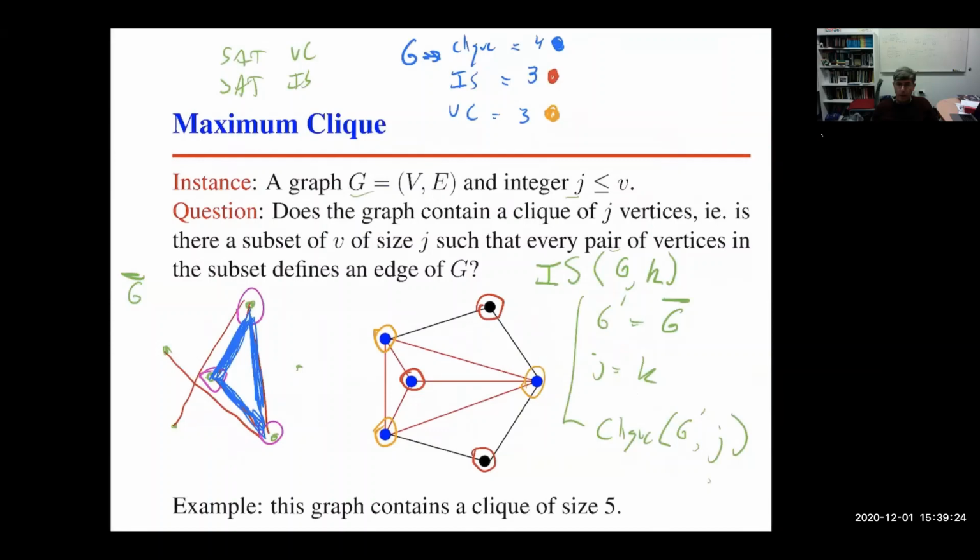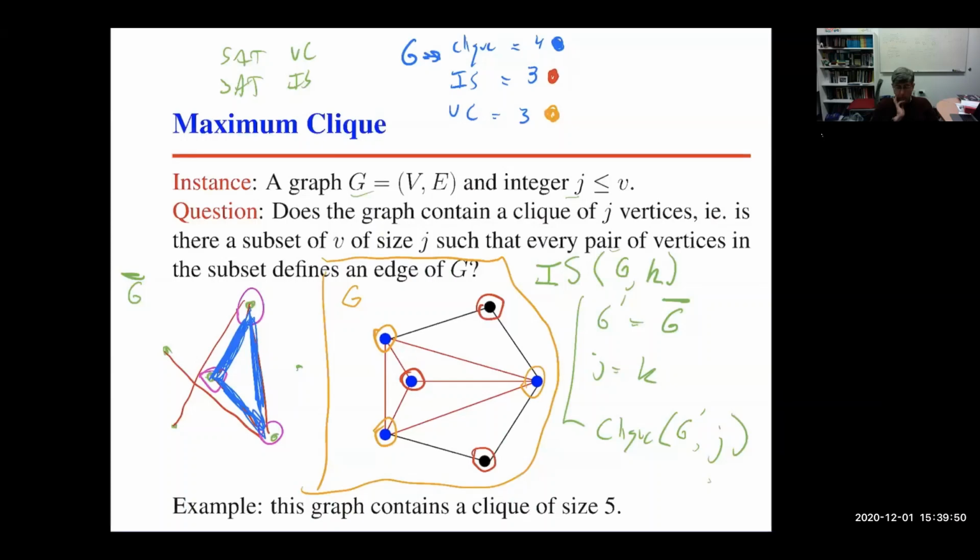Okay. Now, what is the point here? We agree that if this is my original graph G, then G has a clique of size 4, which are the blue nodes. It has an independent set of size 3, which are the red circled nodes.